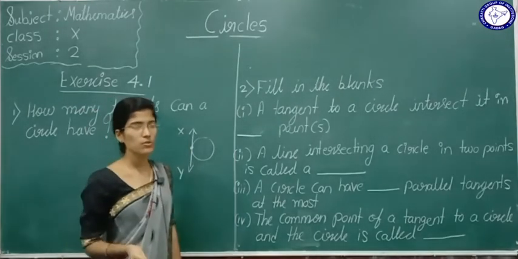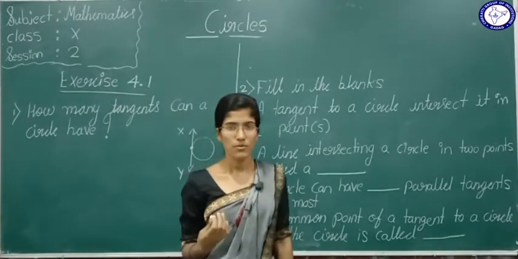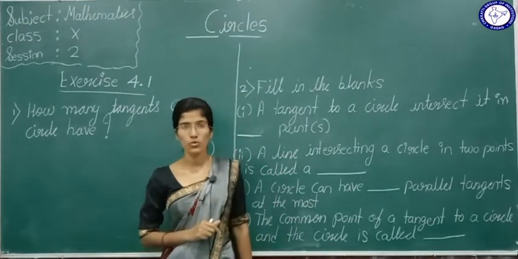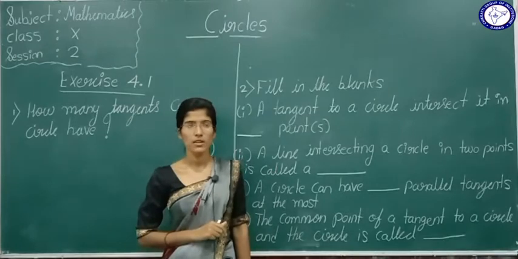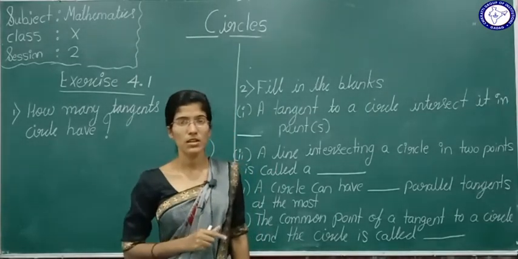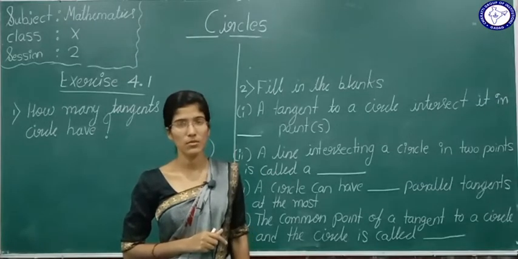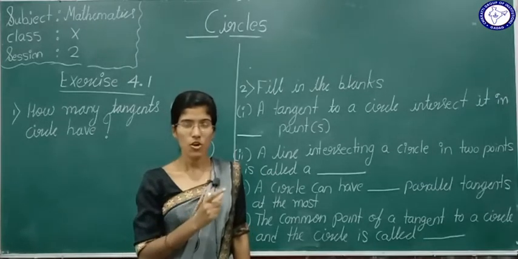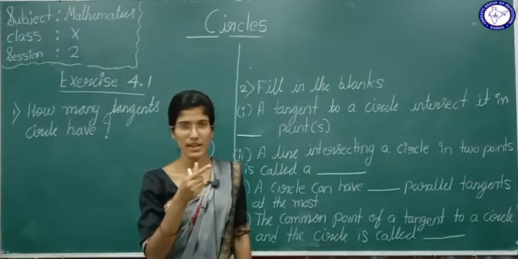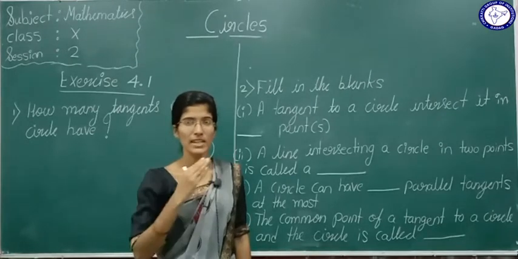We also came to know two very important points about the tangent. A tangent is a special case of a secant, because in one activity we took a circle, drew one line, and rotated the line in the anti-clockwise direction.